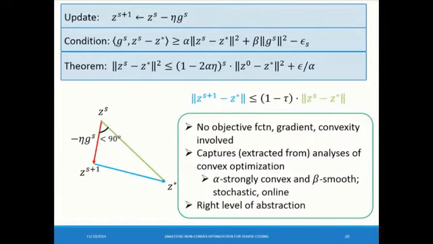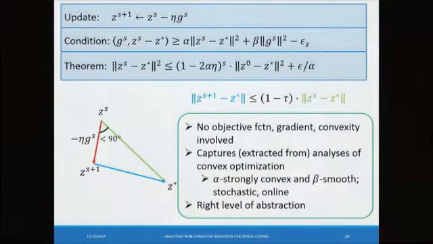A little discussion about this: there is no objective function involved in this framework, so no gradient and no convexity really involved. We only need some first-order update rule and a condition we can check. Behind it, this is extracted from the analysis of convex optimization, the most basic thing people did there.